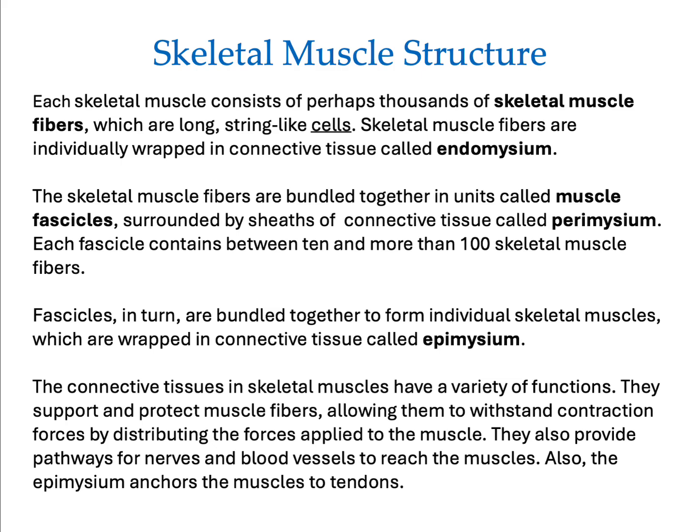The skeletal muscle fibers are bundled together in units called muscle fascicles, surrounded by sheaths of connective tissue called perimysium. Each fascicle contains between 10 and more than 100 skeletal muscle fibers. So we have this bundling structure, which we'll see as a pattern. Fascicles, in turn, are bundled together to form individual skeletal muscles, which are wrapped in connective tissue called epimysium.